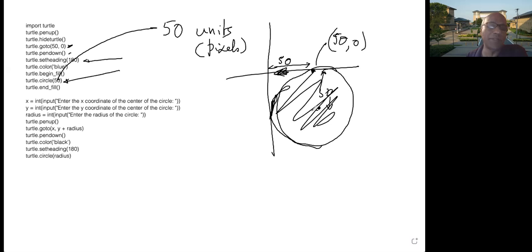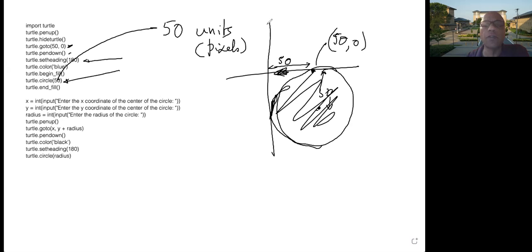I did not insist that, when I was grading, I did not really insist that the center be exactly at 50, negative 50, but I wanted it to be blue and have a radius of 50. And many of you got this right. The second part of this is more difficult because you have to know exactly how to position the turtle to draw the circle at the given radius.